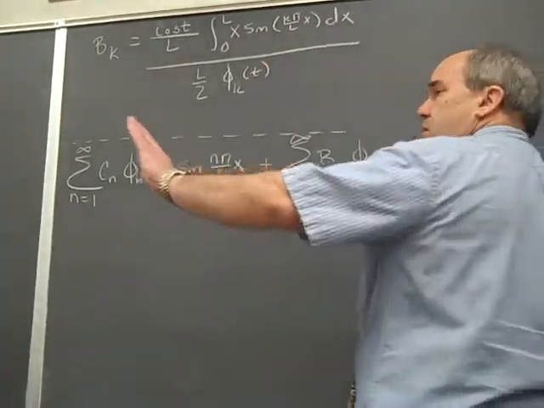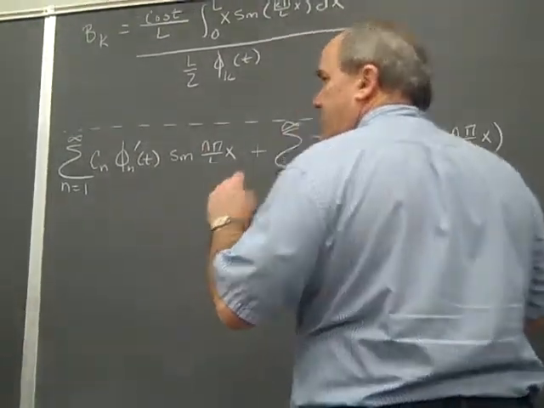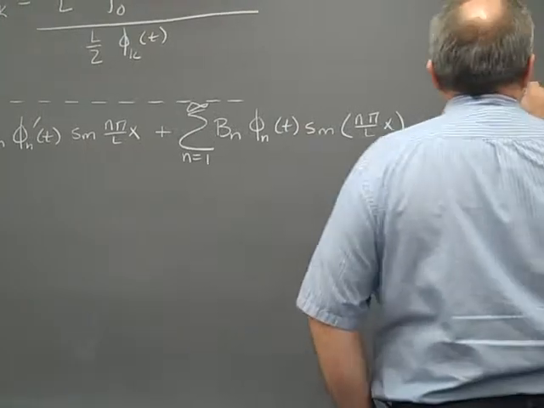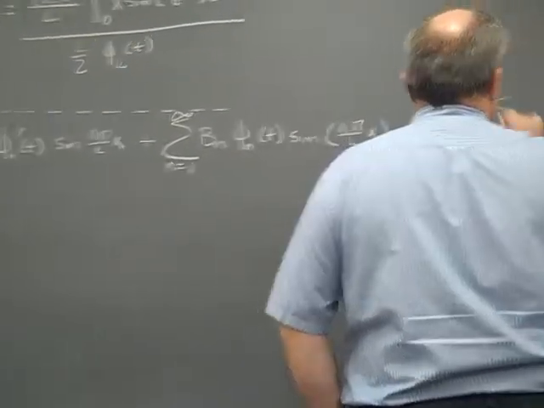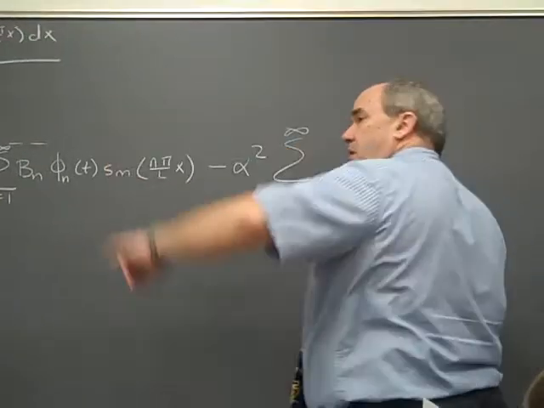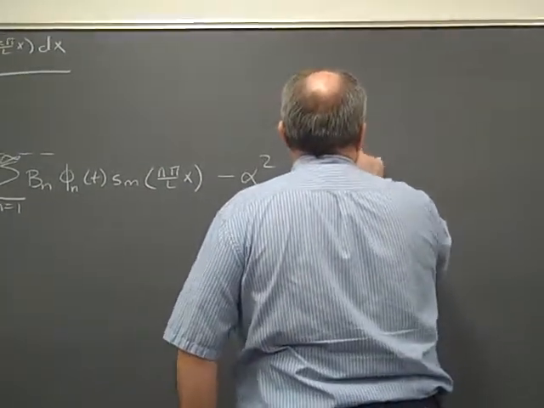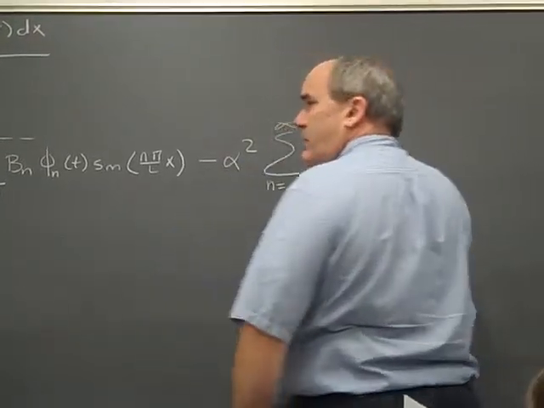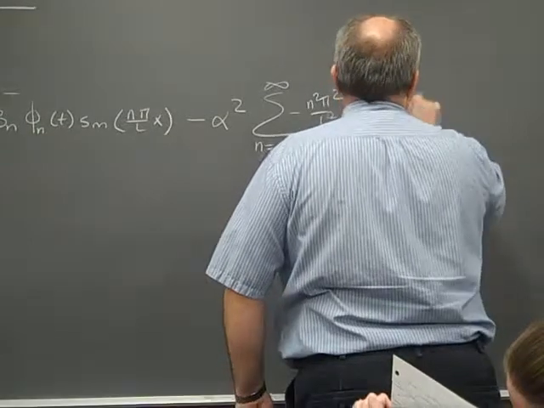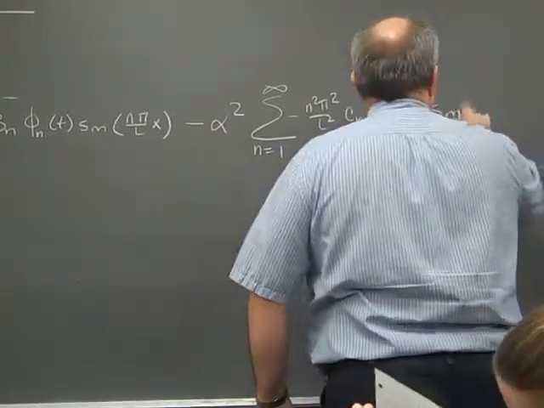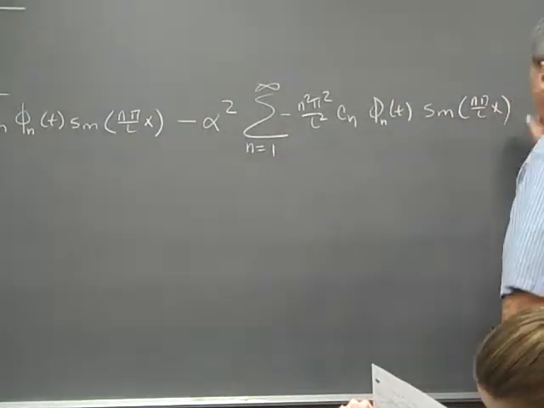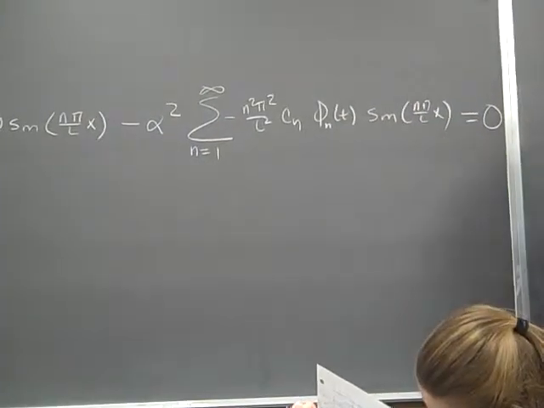And I'm going to bring the alpha squared w sub xx over onto this side. So it's going to be minus alpha squared w sub xx, which is the sum from n equals 1 to infinity of minus n squared pi squared over L squared c sub n phi n of t sine of n pi over L x. And that whole thing is equal to 0.